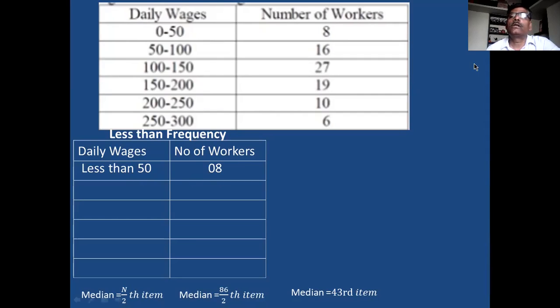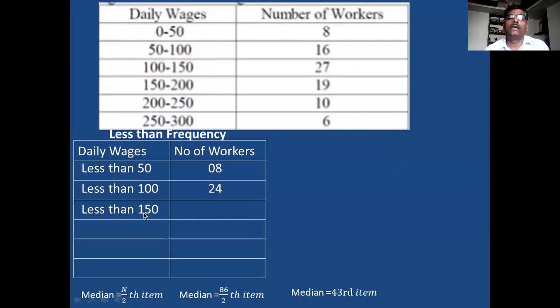Then how many workers earn less than 100 rupees? Earning should be less than 100. Less than 100 means these 8 members are earning less than 50 and these 16 are earning less than 100, up to 100. Therefore, less than 100 means the above 2, 8 plus 16. 8 plus 16 means 24 workers earning less than 100.